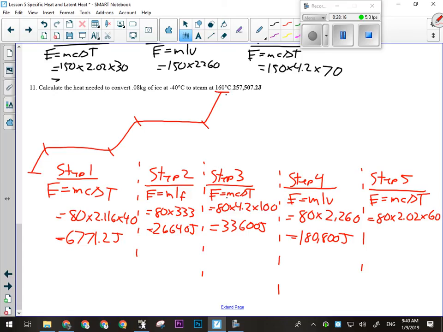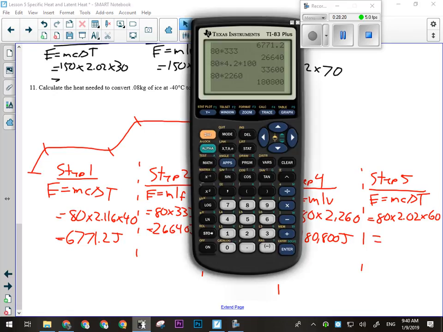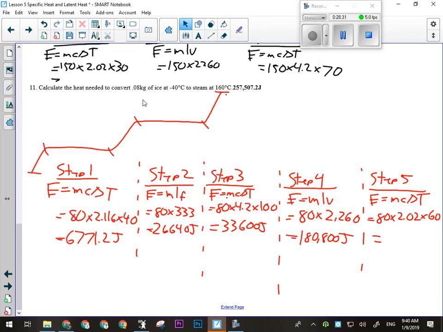So the temperature change is 60. It's 9,696 joules. So if I add all of those together, I should get 250,507.2 joules. That's as long as that type of question can possibly be.